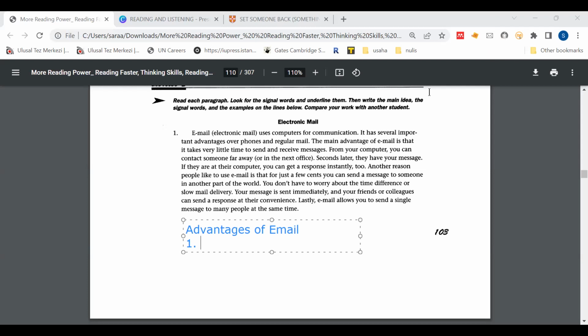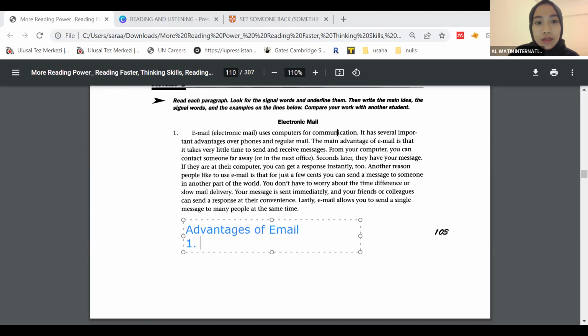To contact someone far away. Okay. The first list of email advantages, which one is it? In which line? In the fourth line. Contact someone far away. Electronic email uses computers for communication.